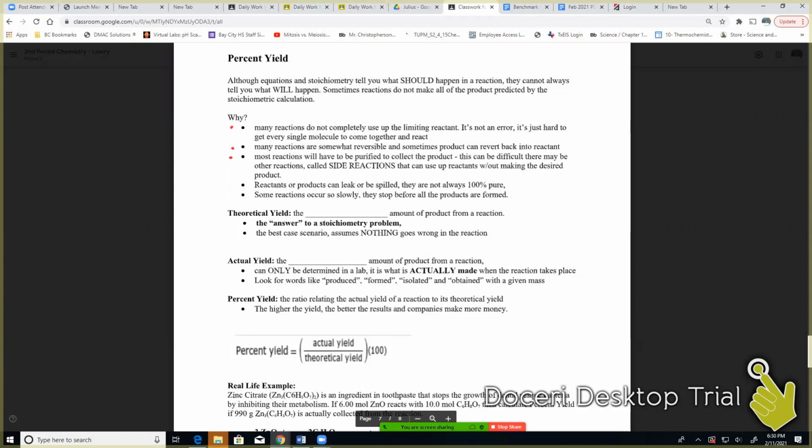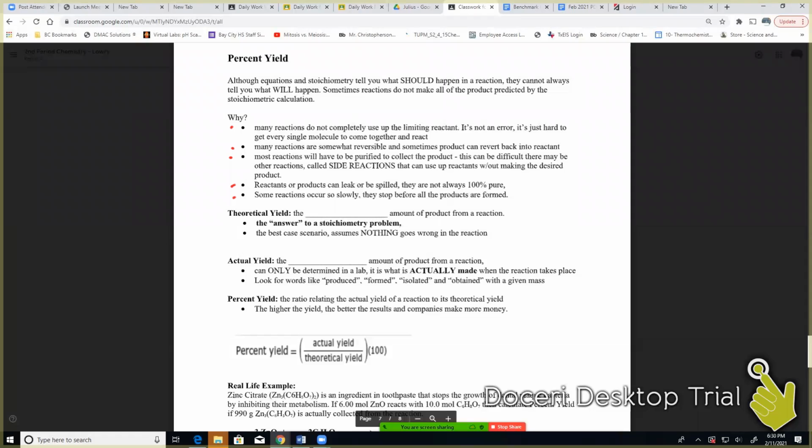It could be as easy as trying to drive off some water, and that sometimes causes some of the product to be lost, or sometimes there are side reactions that have used up some of the reactant. Like I mentioned earlier, it could be as simple as human error. Reactants or products are leaked or spilled. They may not be 100% pure. They may have some impurities in them. And sometimes the reactions occur so slowly that they stop before all the products are formed.